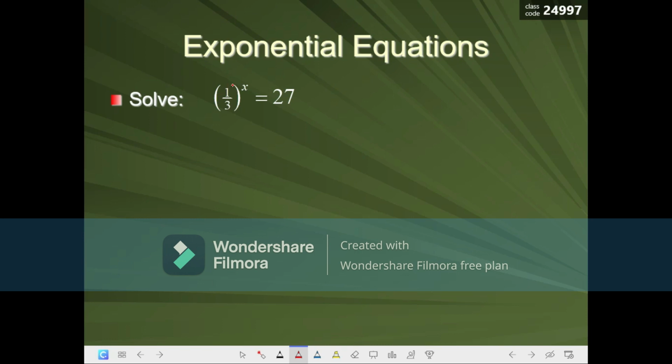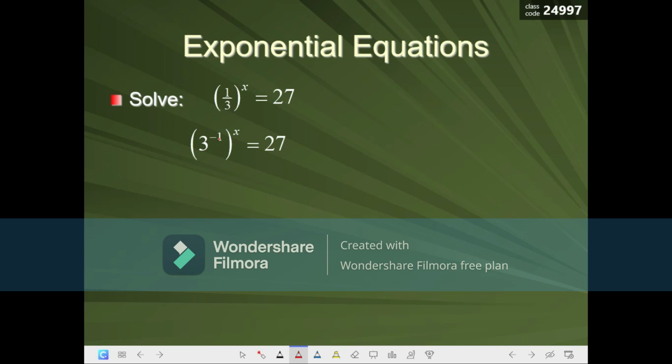How about the quantity of 1/3 to the power of x is equal to 27. So remember, 1/3 can be expressed as 3 to the power of negative 1, because our target is to make both sides have the same base. So our 27 can be expressed in exponential expression with a base of 3.